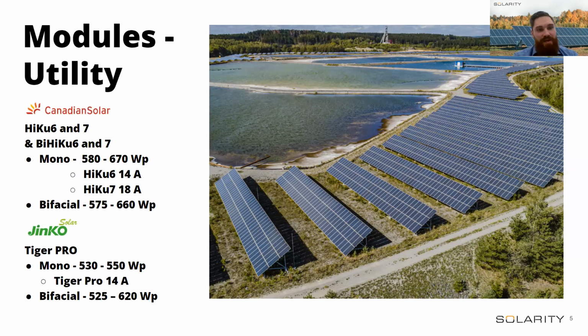In Canadian Solar case, there are available series Hiku 6 and Hiku 7 for monofacial modules. So here we can see 580 up to 670, pretty big new modules. Be careful when you do the design. Hiku 6 has 14 amperes and Hiku 7 18 amperes.